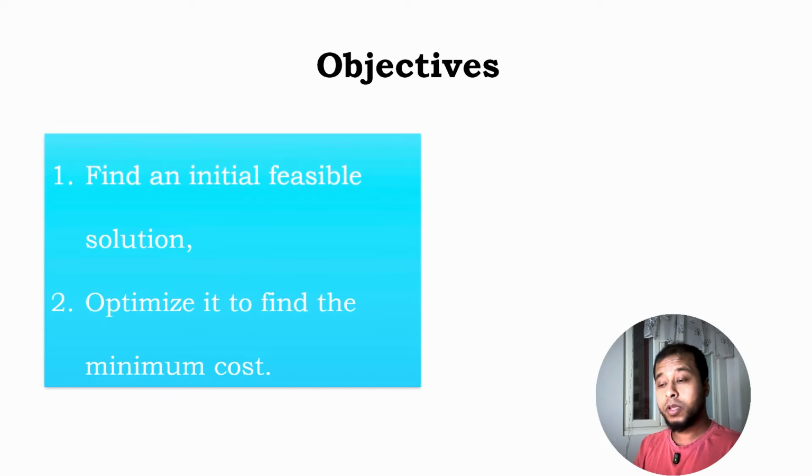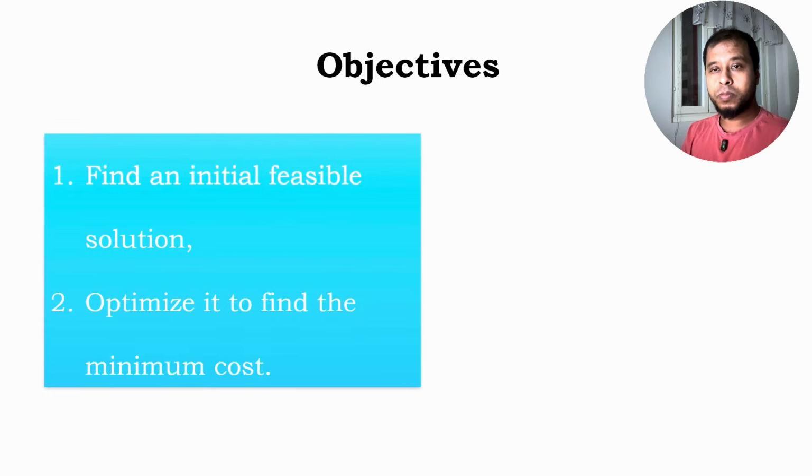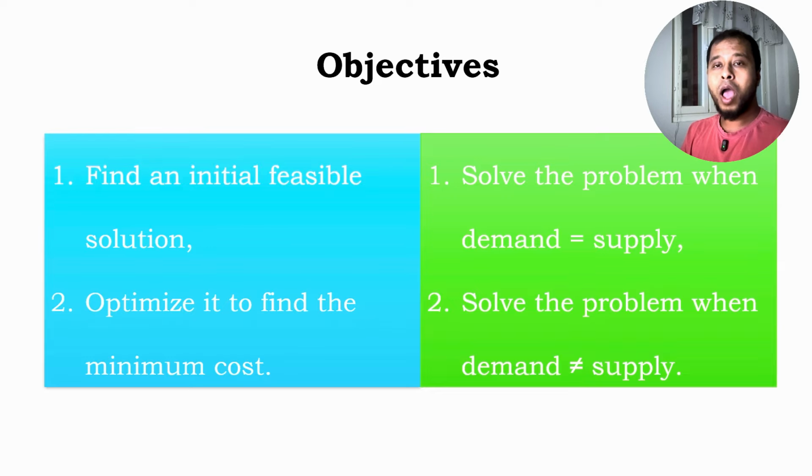Our objective is to find an initial feasible solution by utilizing the northwest corner method and then optimize it to find the minimum cost. There are two possible cases: when demand is equal to supply and when demand is not equal to supply. We will solve the problem for both cases.